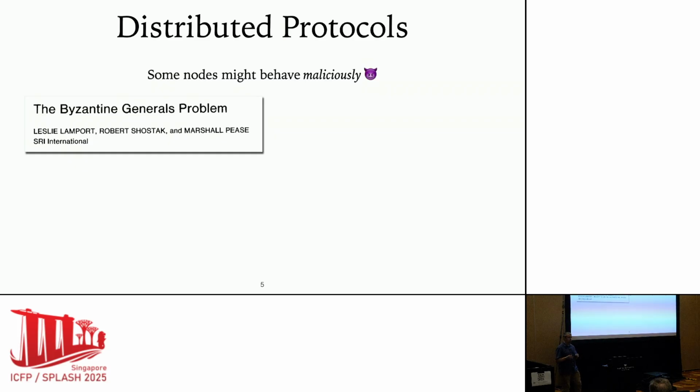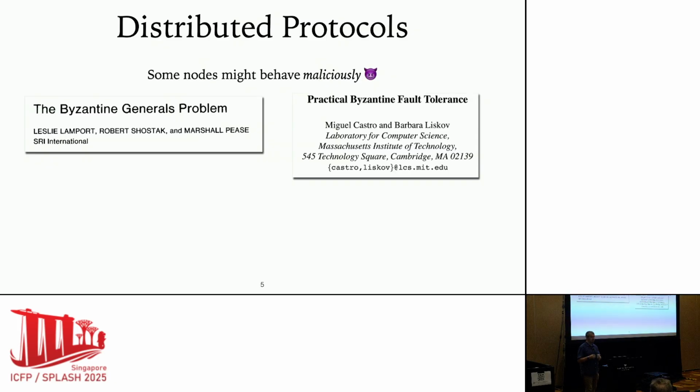The name was coined by Leslie Lamport as the Byzantine generals problem, when multiple generals in the Byzantine army try to agree with each other by sending messengers whether they attack next morning or whether they retreat, and some of these generals might be traitors. This analogy goes a long way, and it has been used as the main premise to build protocols for what's called Byzantine fault tolerance, with probably one of the most famous ones being PBFT by Miguel Castro and Barbara Liskov.